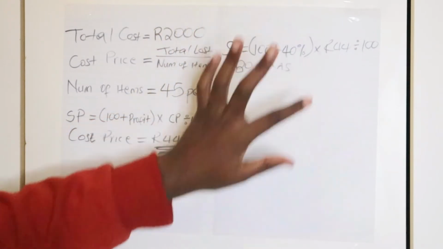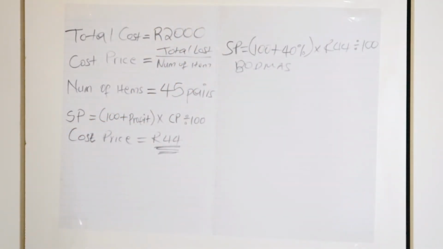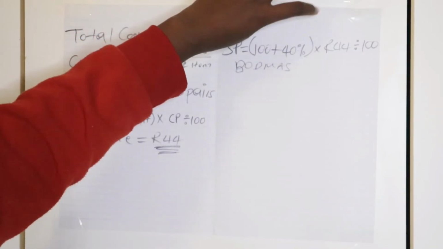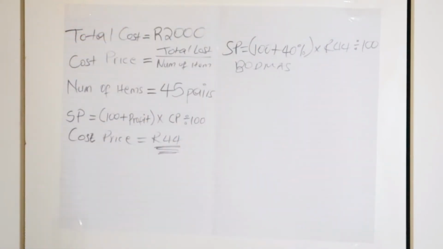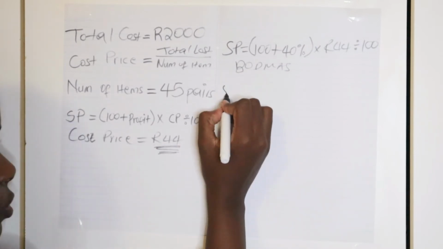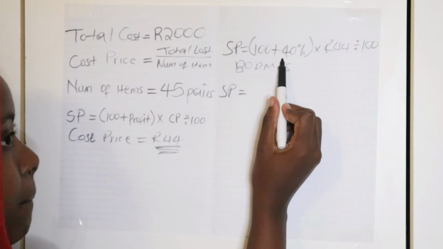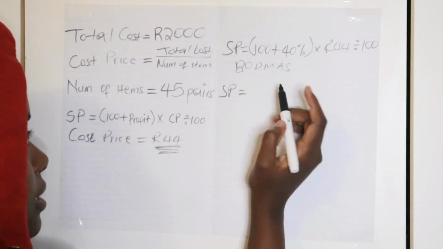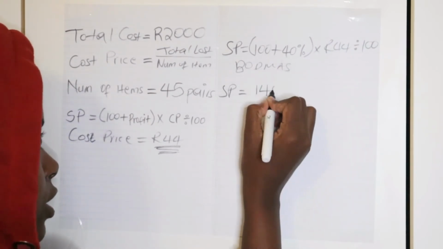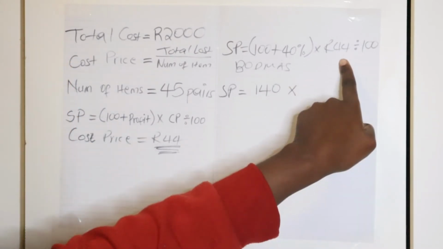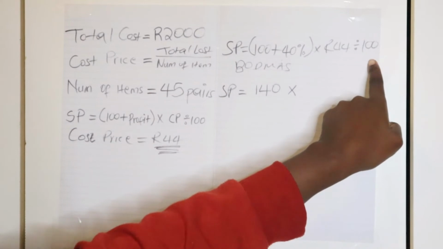With this one, 40%, you all know it's 40 divided by 100. Or you can just use your phone: you just say 100 plus 40, and then you put the percent sign. And then how much does it give you? SP is equal to 100 plus 40%, which gives us 140, multiplied by 44 divided by 100.